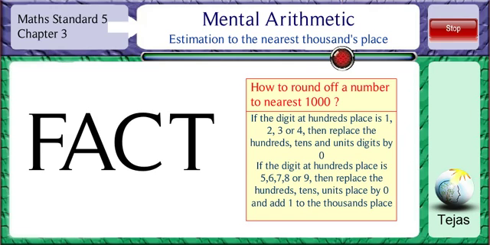So how do we round off a number to the nearest thousand? If the digit in the hundreds place is 1, 2, 3 or 4, then we replace the hundreds, tens and units digit by 0. If the digit in the hundreds place is 5, 6, 7, 8 or 9, then replace the hundreds, tens, units place by 0 and add 1 to the thousands place.